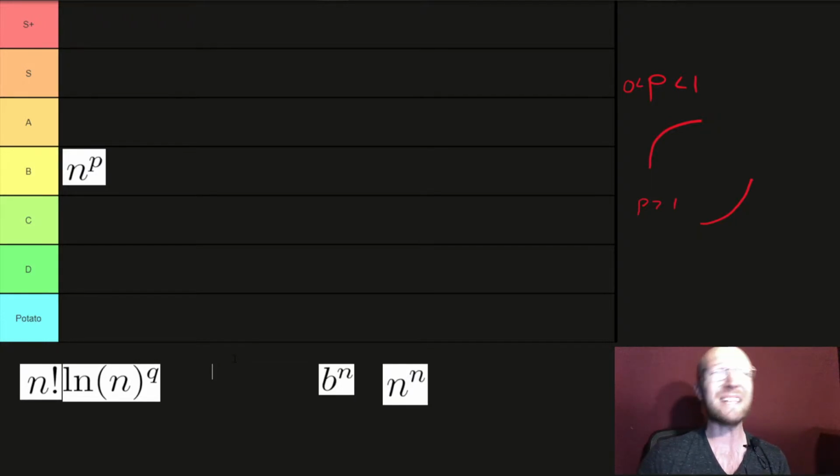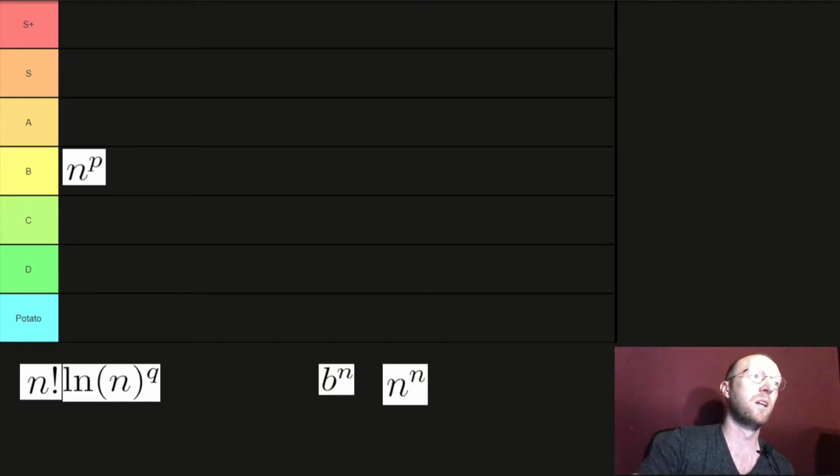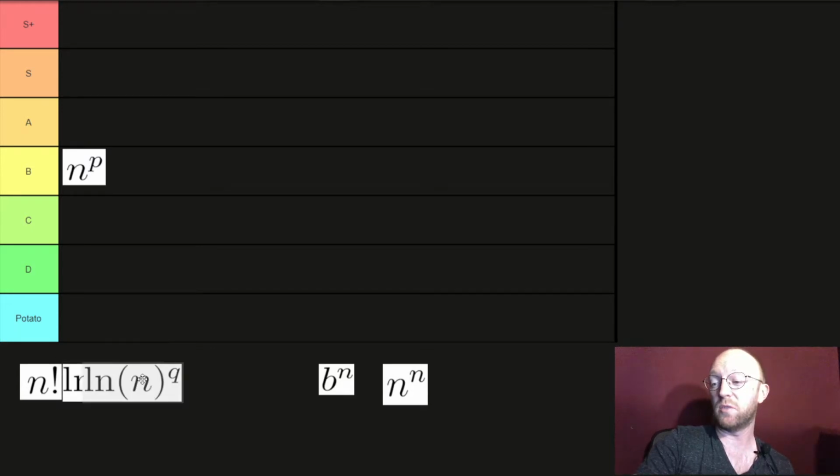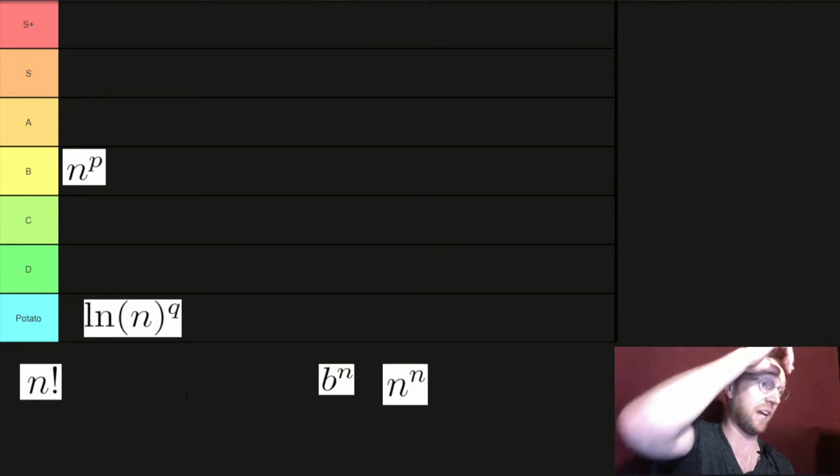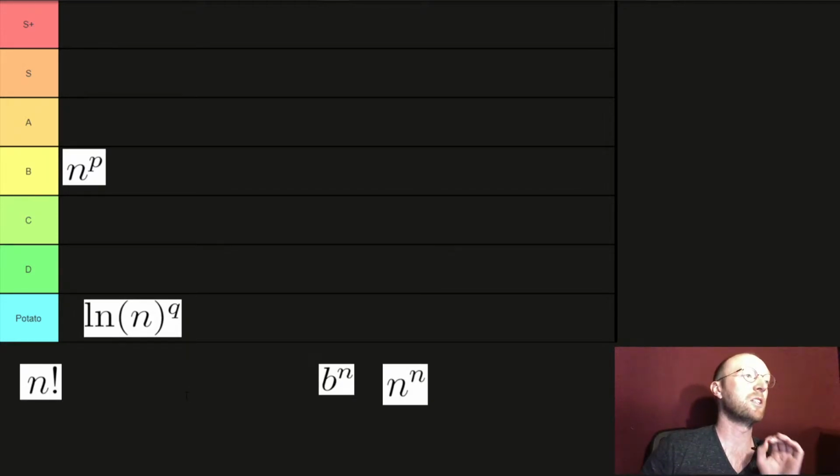Since we're talking about log, let's just get it out of the way, because we're going to talk about this function a lot. Log to the q here is an absolute potato. It grows so slowly that the rate of change, if you calculate the derivative, completely ignores multiplicative scaling.